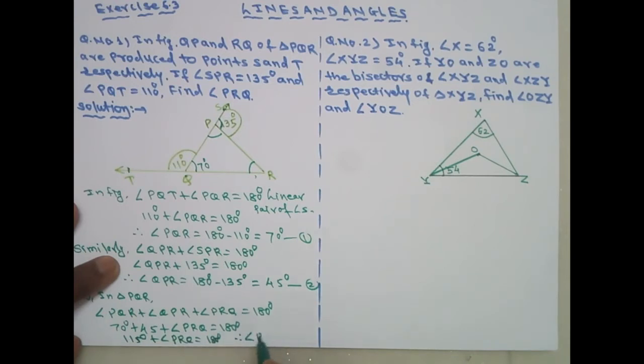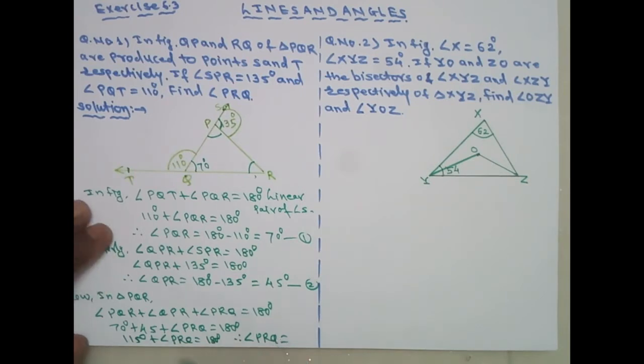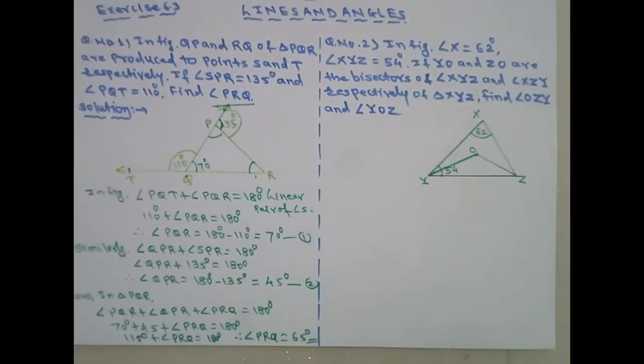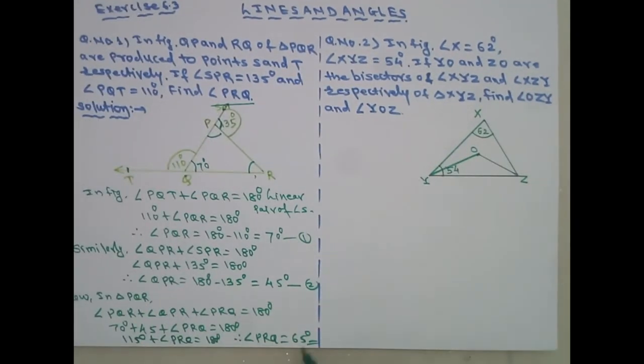Therefore, angle PRQ equals to 180 minus this 115, that is 65 degree. So in this way we can find out this angle PRQ. PRQ is 65 degree. Okay, 65 and this 115 means 180.